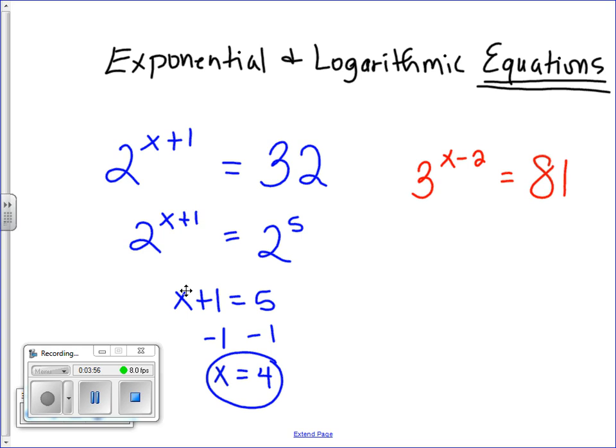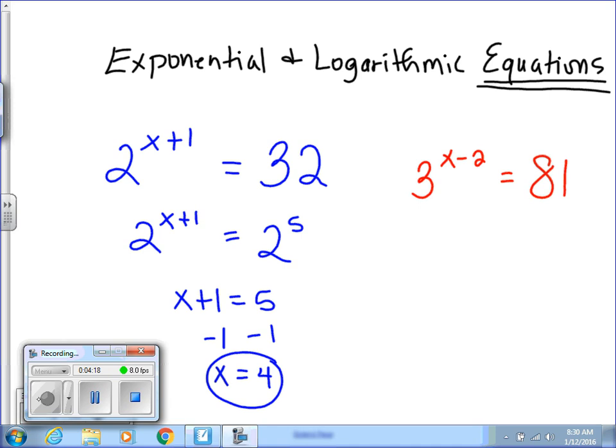Alright, so this is 3 to the x minus 2 equals 81. No logarithms needed here. You can just finagle that 81, mess with its base a little bit, and see what's going on.